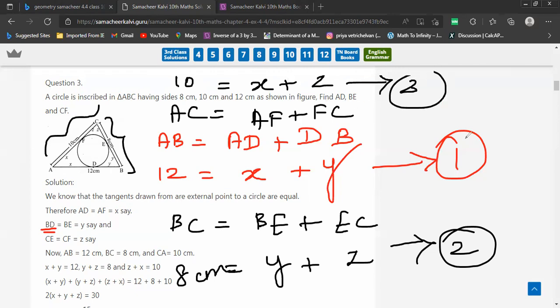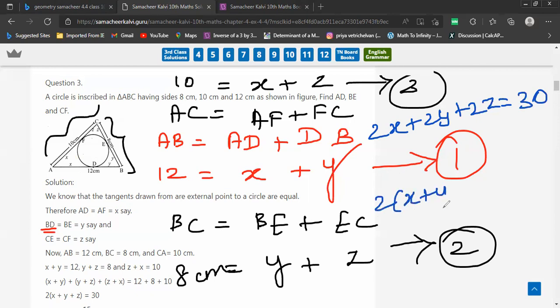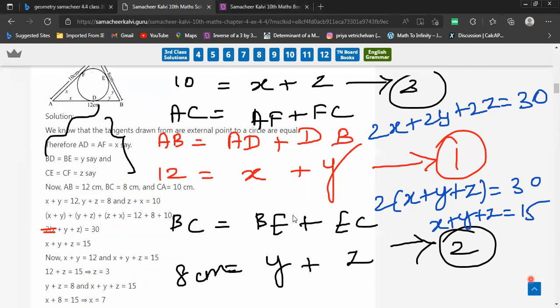So if you add all the equations, you will have 2x, 2y, 2z is equal to 10 plus 8 plus 12, which is 30. Take out the 2 outside. You will have x plus y plus z equal to 30. So x plus y plus z is equal to 15.